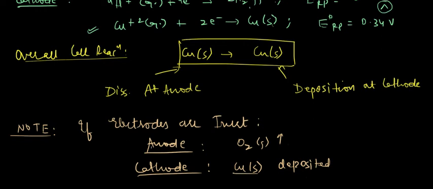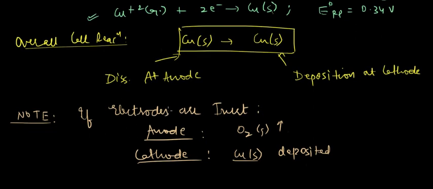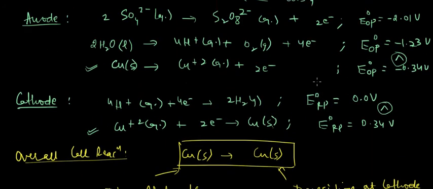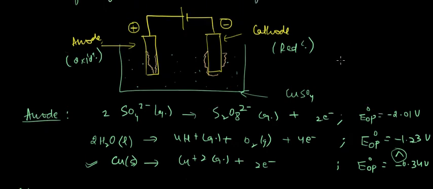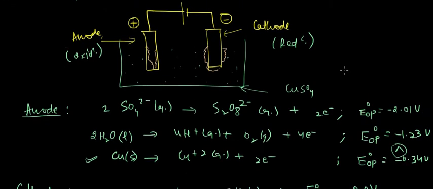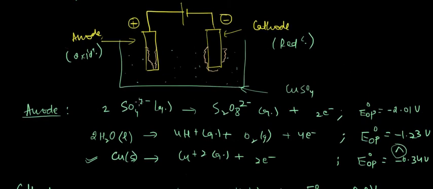And why is this the case? Because we have already seen that if the electrodes are inert, they will not participate in the electrolysis. So this SO4 2- is coming from Cu2+ and SO4 2-, and it would not actually be participating on this electrode, but this H2O is the medium which is facilitating all the electrolysis.